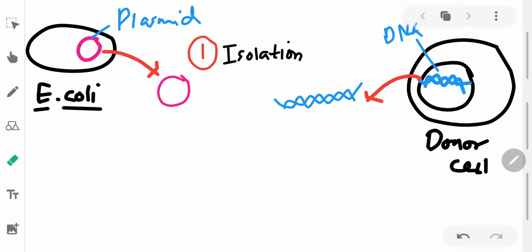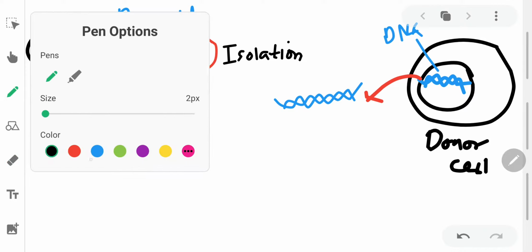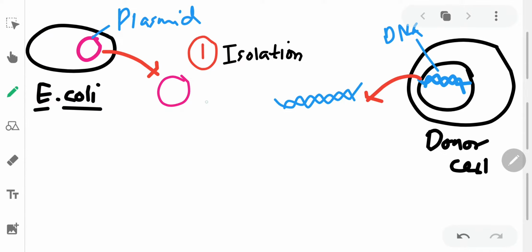Now, the second step is cutting the plasmid and cutting the DNA, target DNA, by using the same restriction enzyme.